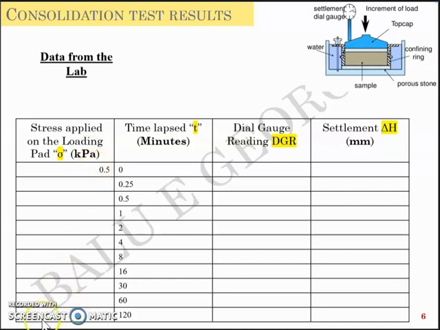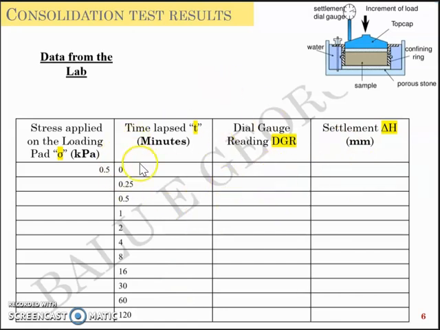At that point, you can place the second load, let's say 1 kilopascal or 1.5 kilopascal, for example. And for 1 kilopascal, you'll have again a table like this in which you'll mark the dial gauge readings and the time elapsed in minutes. Of course, there will be settlement, which you calculate from the differences in the dial gauge reading.